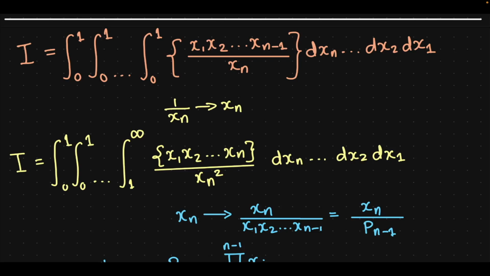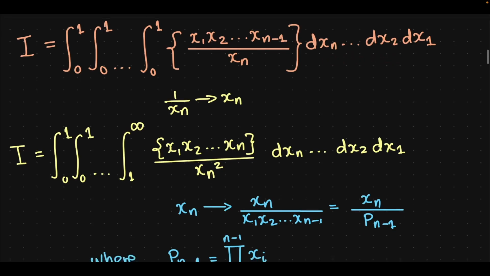So we have the fractional part. In the numerator, we have a product from x1 to xn minus 1 divided by xn, where all these 1 to n are basically the different coordinates of the space we're working with. You can think of them as n different variables of the space.